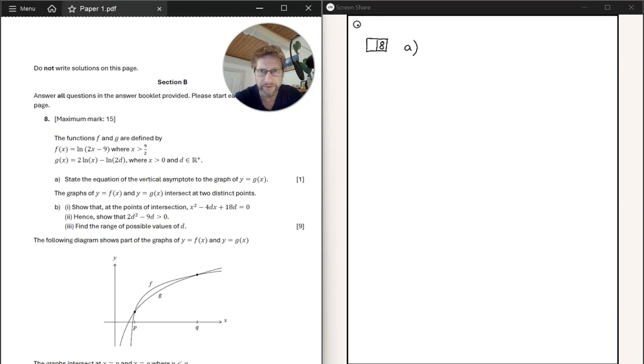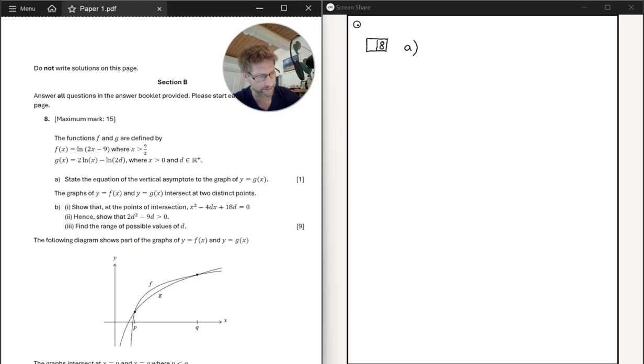And if we remember what the graph of the natural logarithm looks like, then we know that it has a vertical asymptote that is the y-axis. And that's what we have to realize, that even though we scale vertically and move the graph vertically, that doesn't really change where the vertical asymptote is.